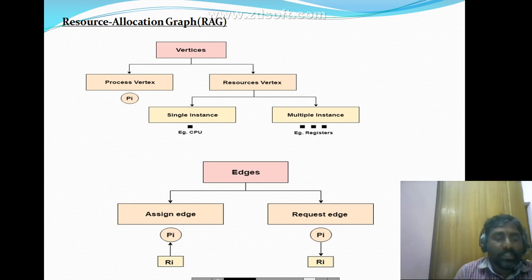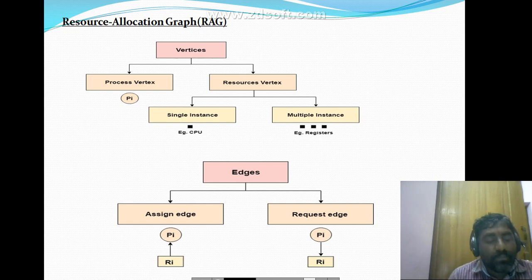So a circle means a process vertex, and a rectangle means a resource. Resources are of two types: single instance and multiple instance.